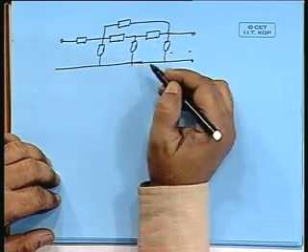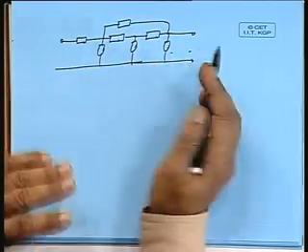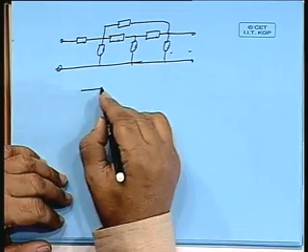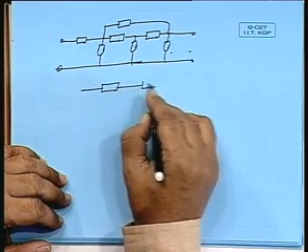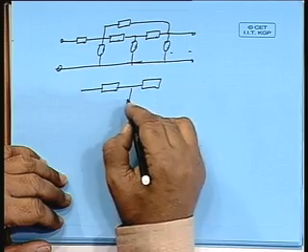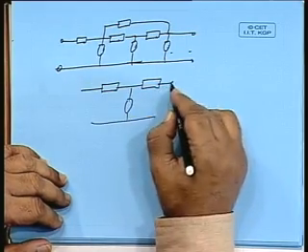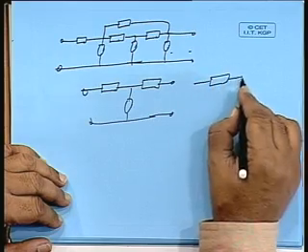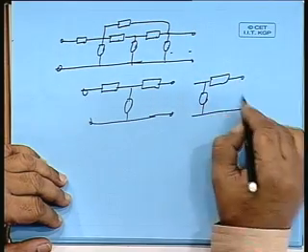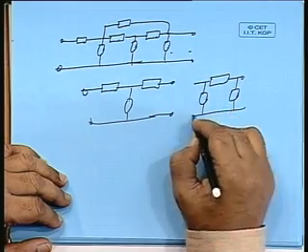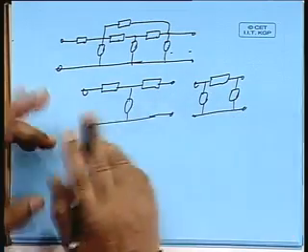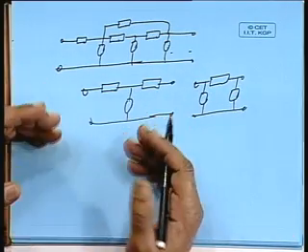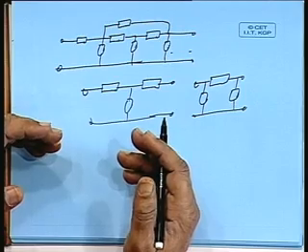Whatever be the type, I can always reduce by repeated star delta conversion this entire set to either a T or a pi. Is it not? Now, in this repeated star delta conversions, what are the elements? How do you calculate the elements of a star delta set?